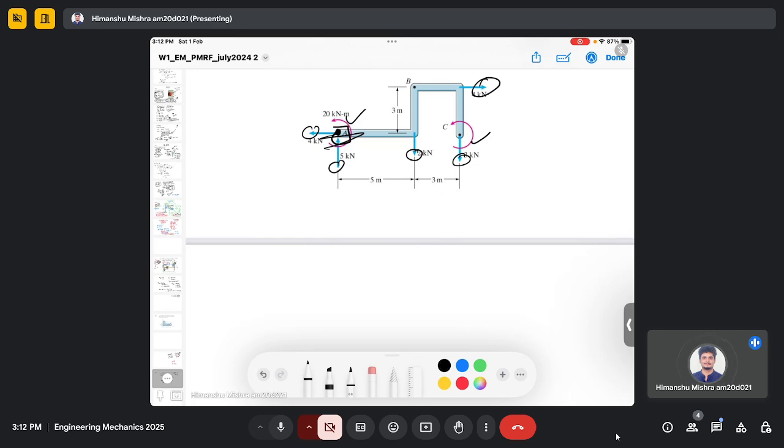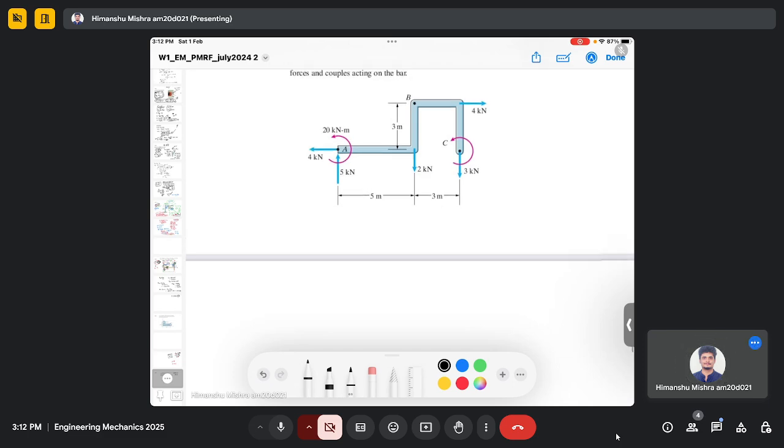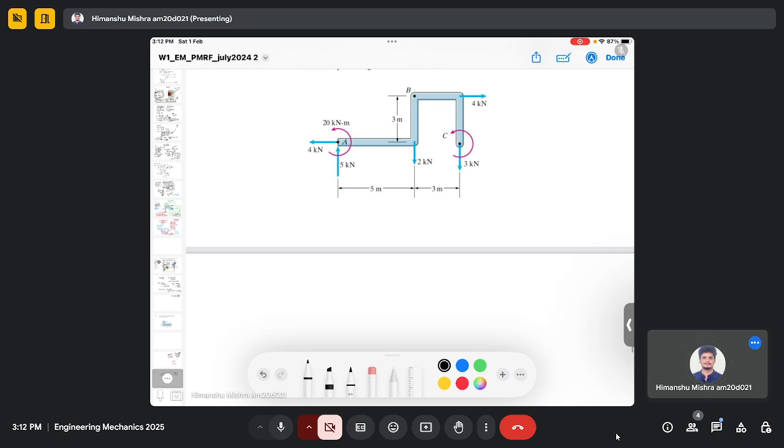So as we discussed in the last class, there are 2 points which we need to note. First thing is the perpendicular distance. If I consider point A, what are the forces which are actually creating the movement?